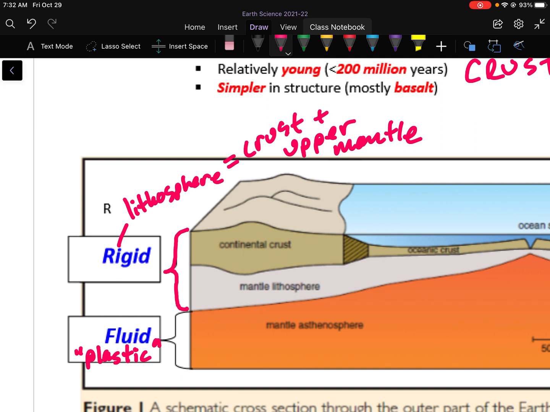Again, the upper mantle and the asthenosphere are made of very similar rocks and minerals. It's just that they're at different depths, different temperatures, different pressures, and therefore different densities.